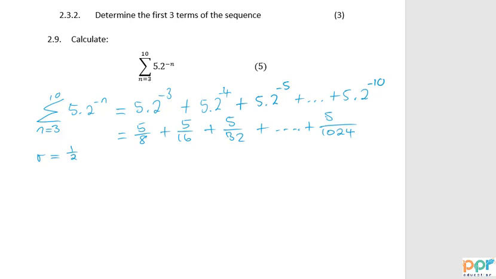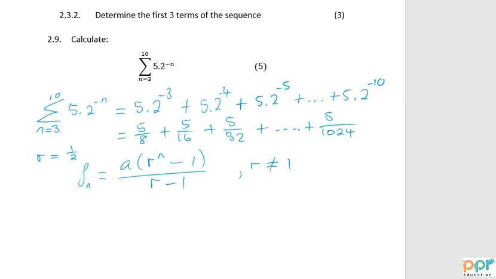It's half. You've got your first term, and then what is the sum to n terms for a geometric series? Since we've got a geometric series, a into r to the n minus 1, all divided by r minus 1, where r must be equal to a half, and a is 5 over 8. Now, how many terms do we have?